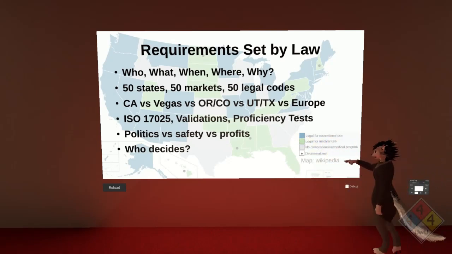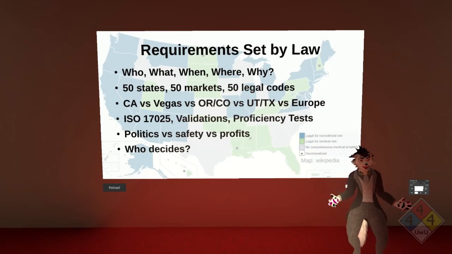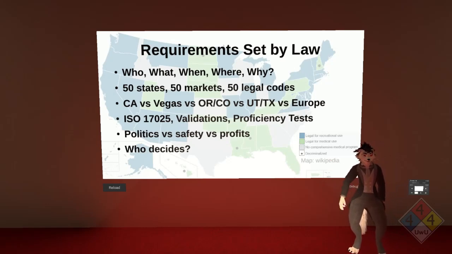Now, as a quick note, this map I got from Wikipedia. I know, a wonderful source for a scientist to use Wikipedia, but this should be up to date. I grabbed this last week.